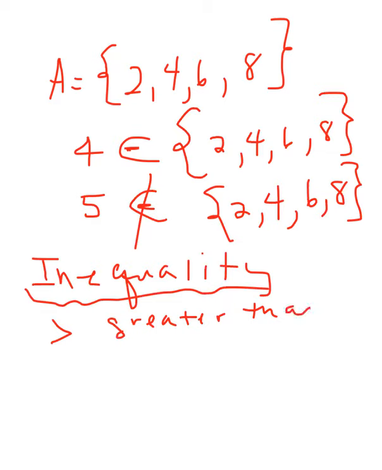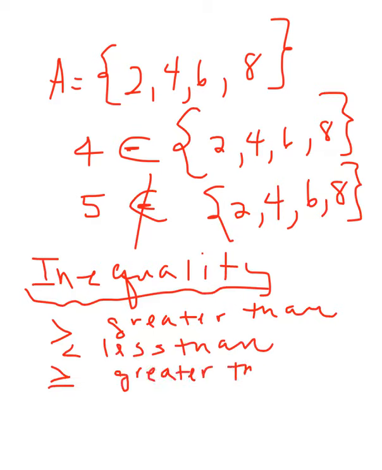Greater than. Then let's do the less than instead, okay? Less than. And then of course, if you see a line underneath, it is the same symbol as before, but because there's a line underneath, it's equal to as well. So greater than or equal to, I'm abbreviating here, okay?